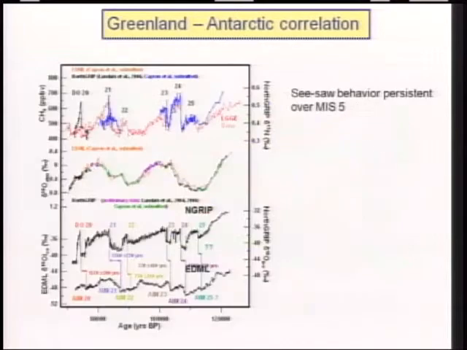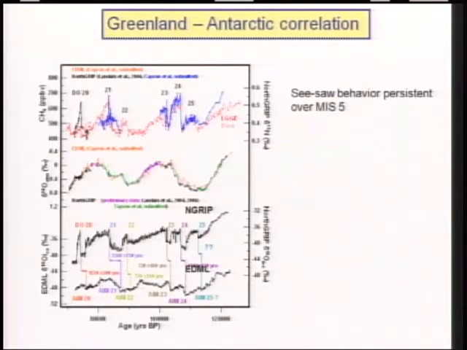So we use those tracers, we put all that together, and we obtain on the same time scale the Greenland Antarctic climatic evolution. You can see something actually very similar to what has been observed for marine isotopic stage 3: for the different events, we have first a slow increase in Antarctic temperature, then a very rapid increase in Greenland temperature, and then the decrease in Antarctica.